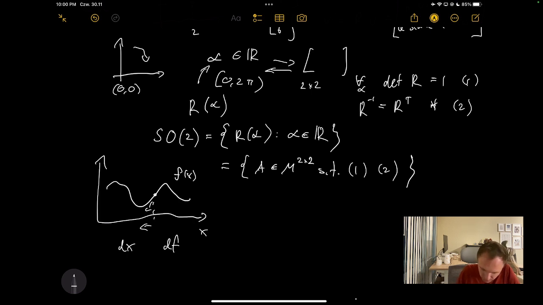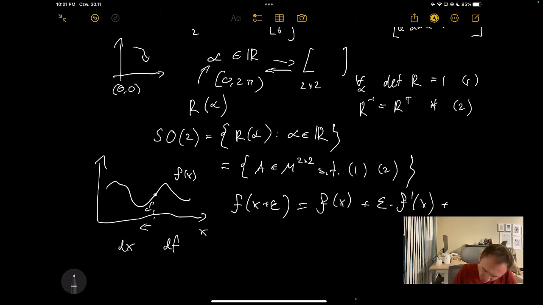Even just looking at the definition: what we really mean is f of x plus epsilon is equal to f of x plus epsilon times f prime of x plus some error, and this error is negligible.